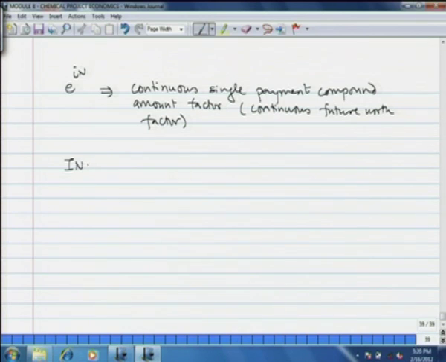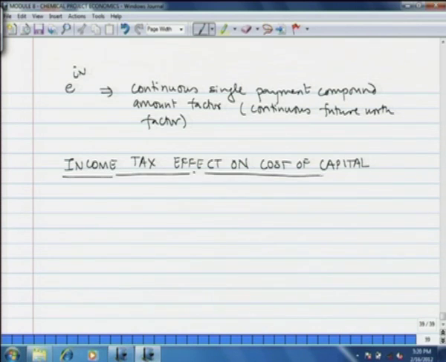Having done this, let us try to see the income tax effect on cost of capital. The capital for business venture can come through various sources. First source, as I said at the beginning of lecture, is loan. It could be in the form of bonds, it could be in the form of stock, or it could be internal corporate funds.